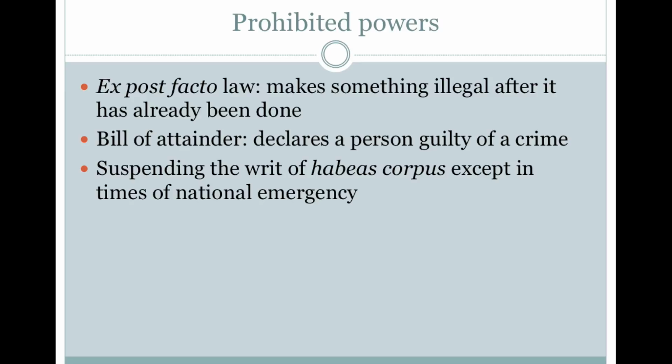So Congress can't just come out and say that someone is guilty of a crime. Additionally, suspending the writ of habeas corpus except in times of national emergency. Habeas corpus means that when somebody is arrested, they must be charged and they must be told why they are being arrested. So you can't just be arrested for no reason. There has to be a reason behind it, basically.